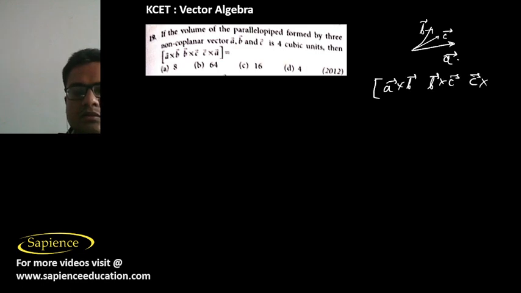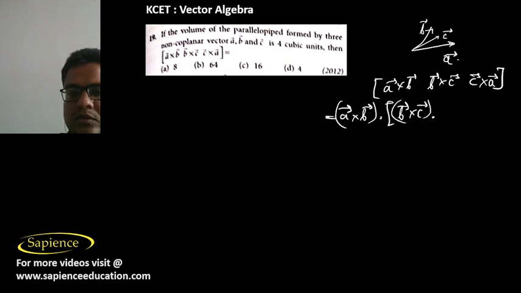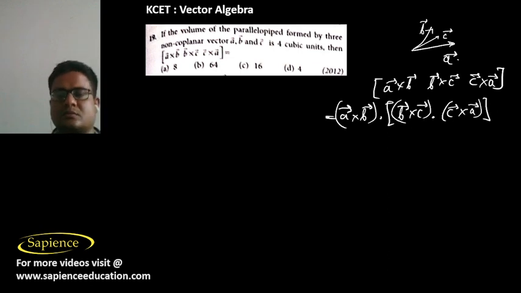That is how much. So this will be equal to A cross B dot B cross C cross C cross A.